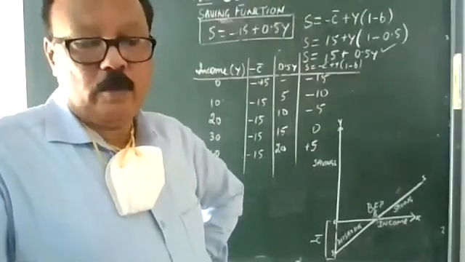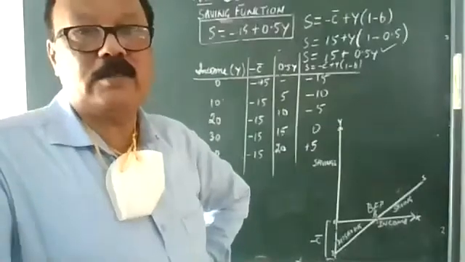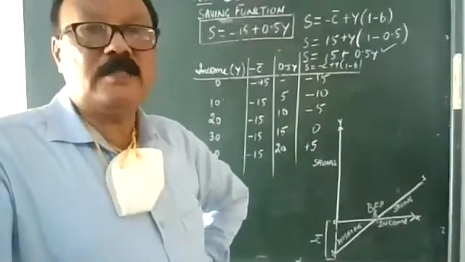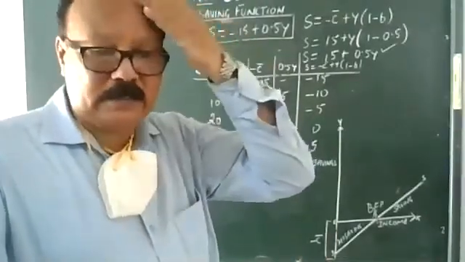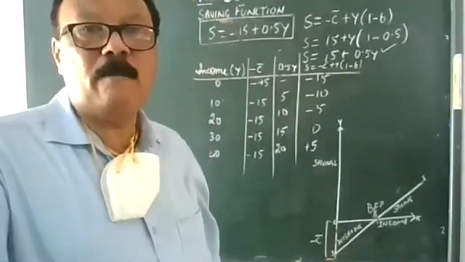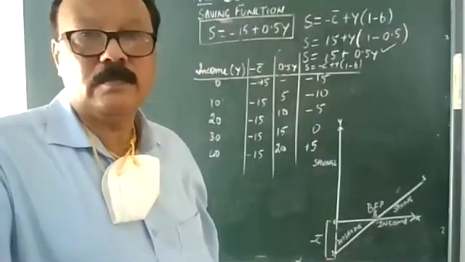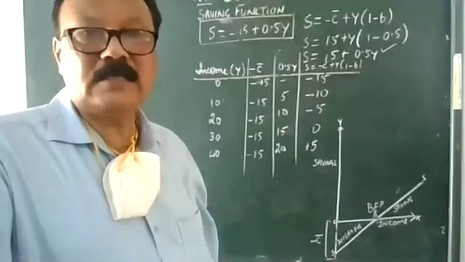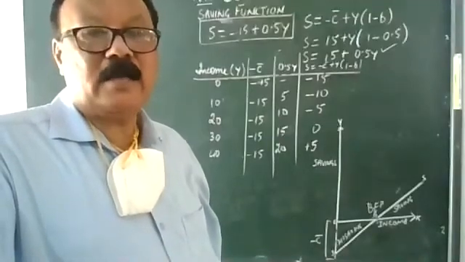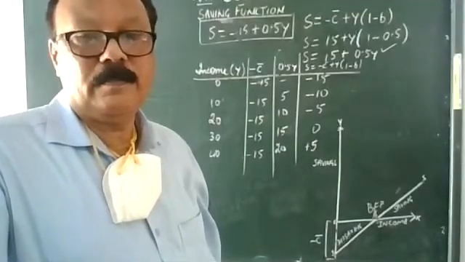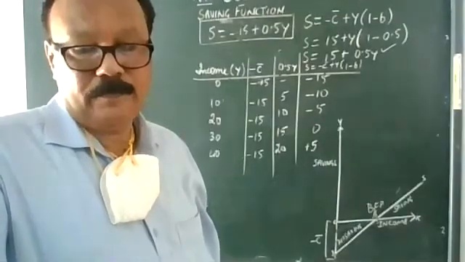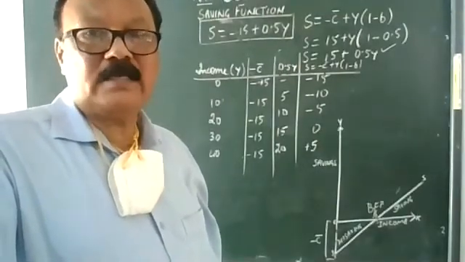Okay, so where was I? The second point or the second observation. The saving curve SS starts from point S at the y-axis.